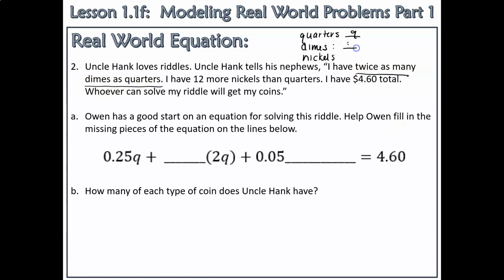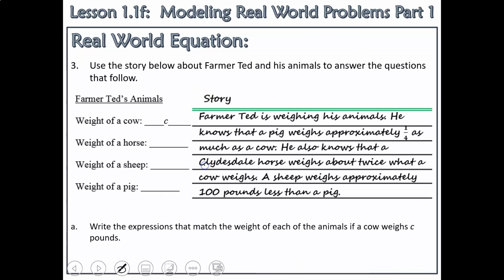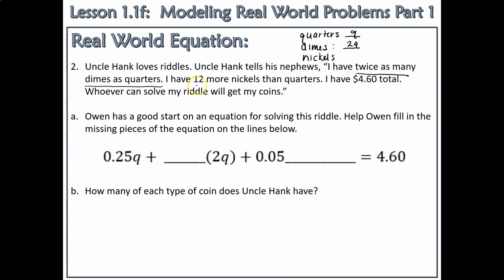So dimes is 2Q, and I have 12 more nickels than quarters. So nickels is Q and 12 more. So the difference between this and the word problem before is those coins all have different values, and you have to take those values into consideration. So right here, this is the quarters. So we know quarters are worth 25 cents, so we have to take 25 cents times the number of quarters.